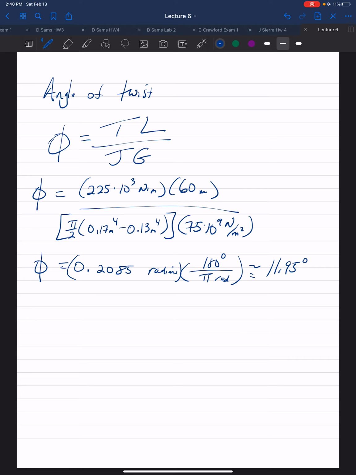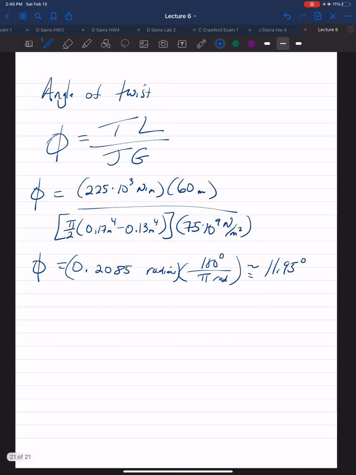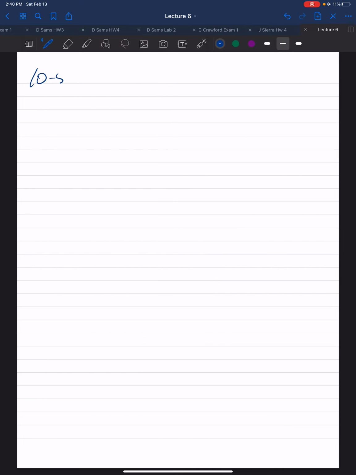Let's take a look at another problem. Take a look at problem 10-51. This is on page 485 in your text. So here we have a device that is used to mix soils in situ stabilization.